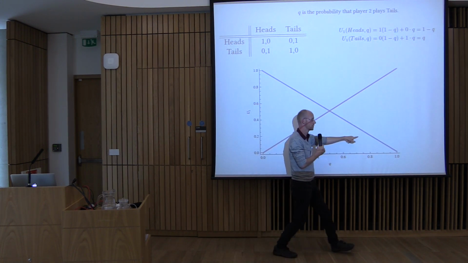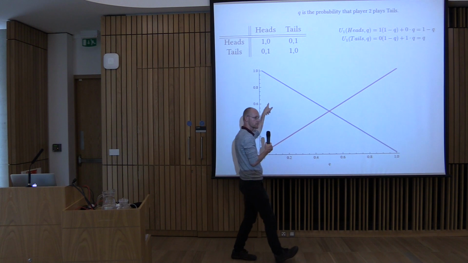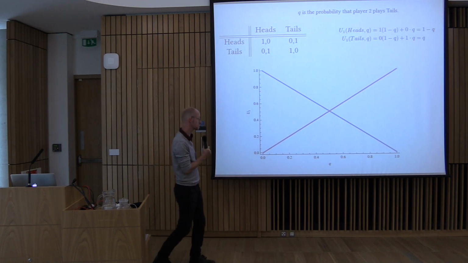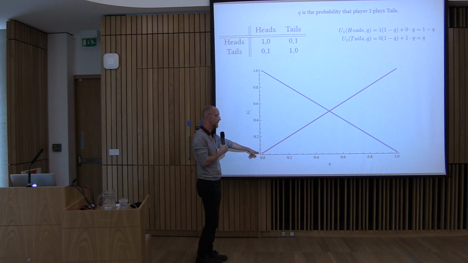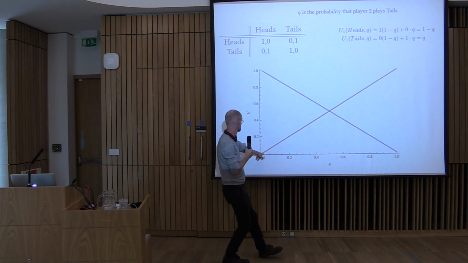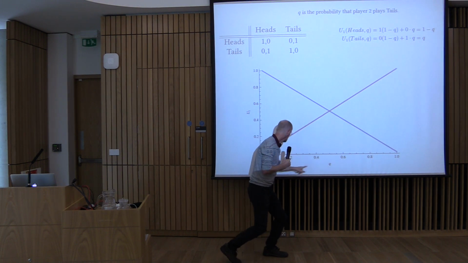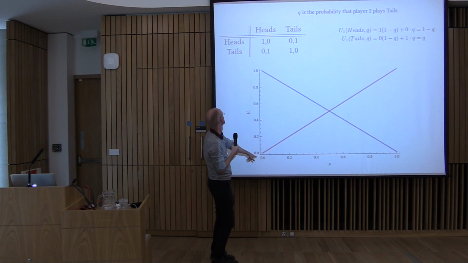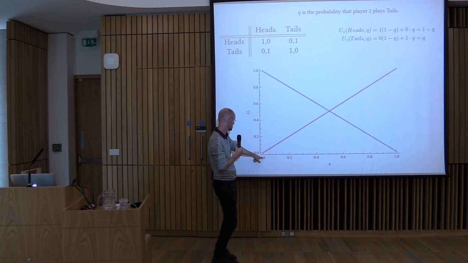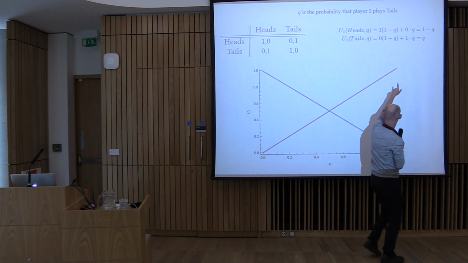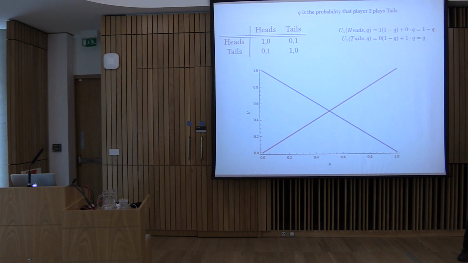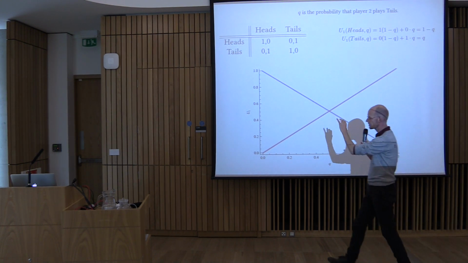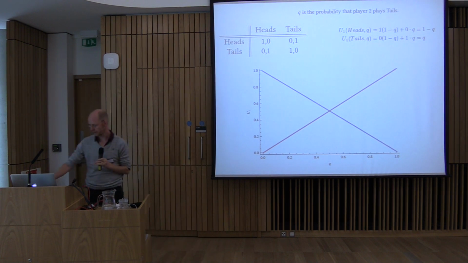You do that for every value of Q, and that gives a straight line. It's the same for playing tails: if Q is 0 the utility is 0, and if he plays tails it is 1. So these are the two utilities, depending on what Q is.